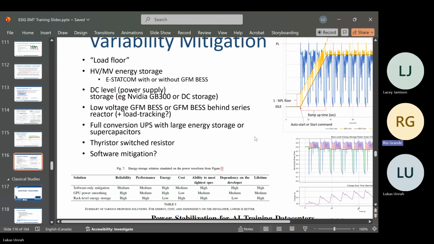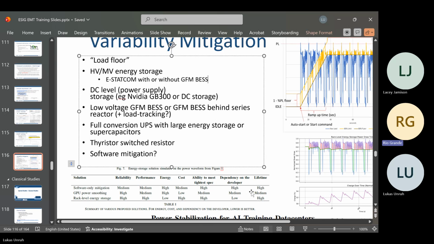Okay, there's a few more things we can do here. Now looking beyond just the GPU and the power supply, we look at energy storage on the system, basically. So at medium voltage or at high voltage, we can use an eStatCom and possibly a grid forming battery to mitigate this as well. So an eStatCom is a STATCOM that uses supercapacitors on the DC side.